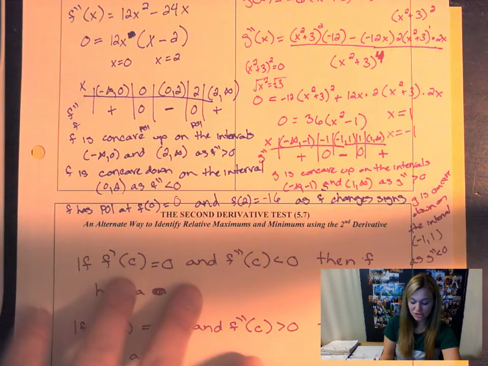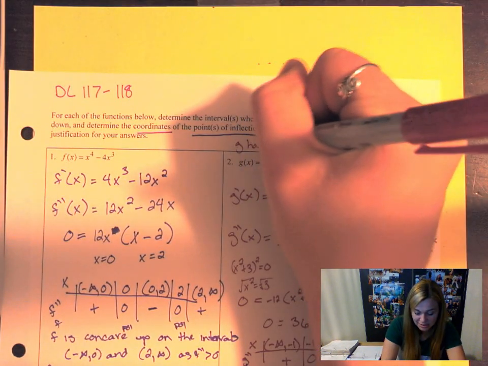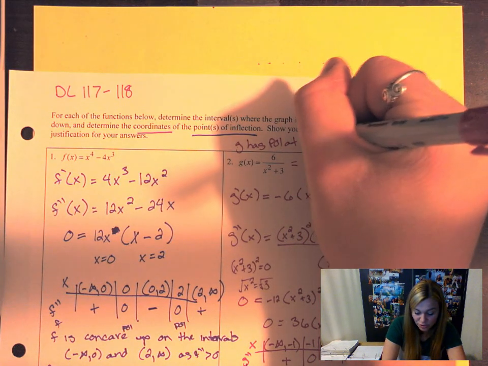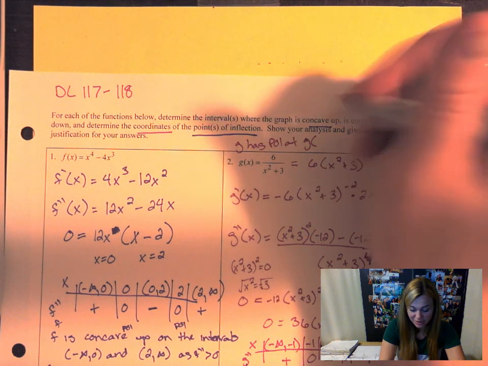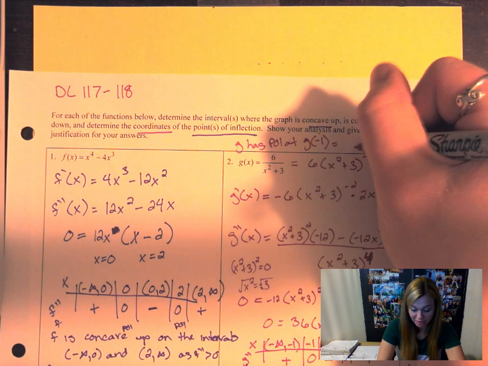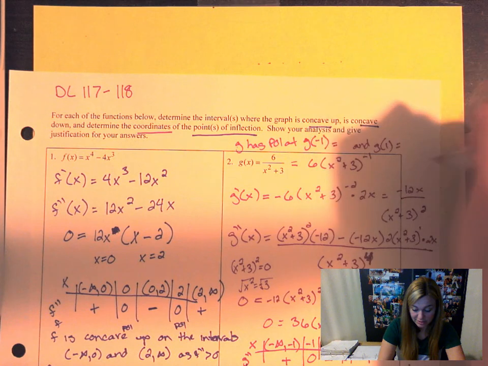And I'm going to just go up to the top just so I can write the one thing. I'm going to say g has point of inflection at, and I need two values. This is always back into the original function, but g of -1, it asks for coordinates, so I'm finding the actual point. G of -1 equals something, and g of 1 equals something.